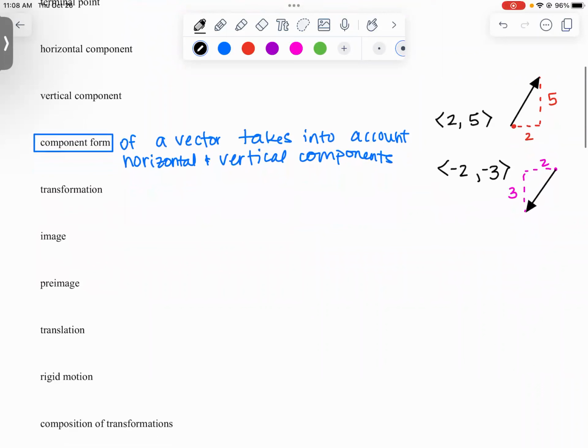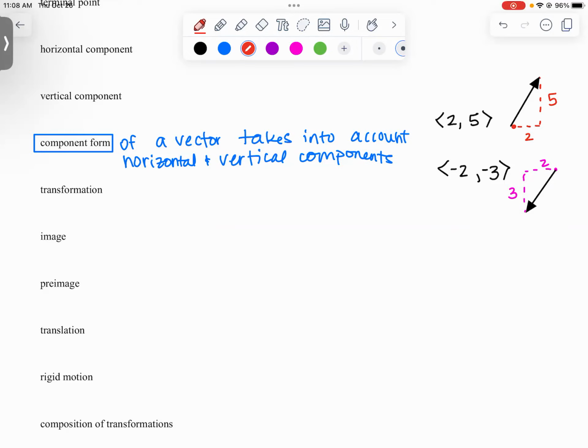Now, we are going to use vectors to create a transformation with a shape. Okay, now all of this chapter, we're going to create transformations and we're going to talk about specific ones. Okay, so a transformation.